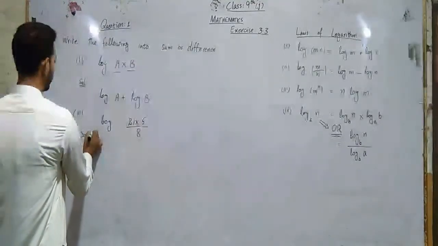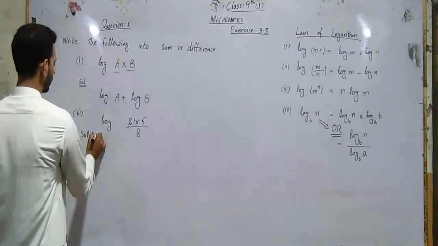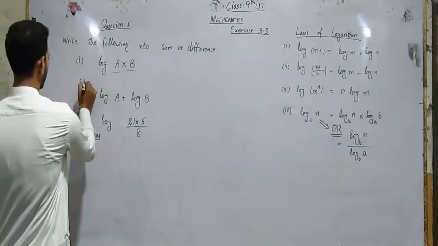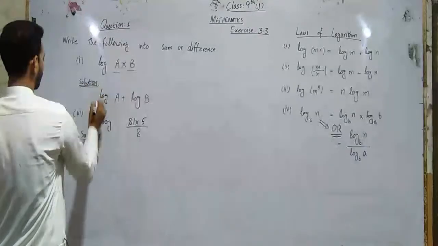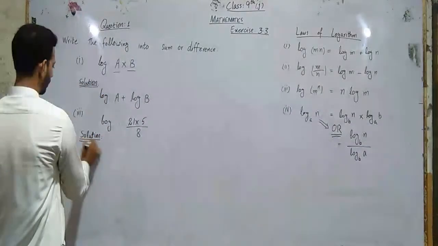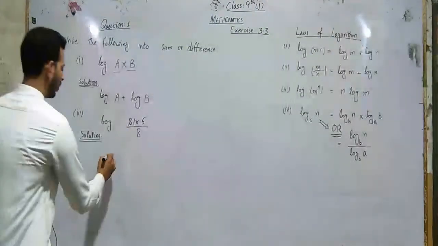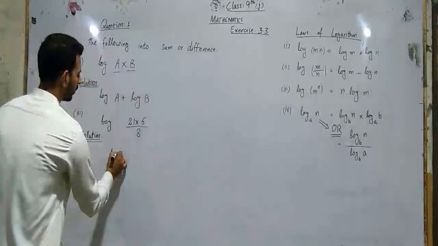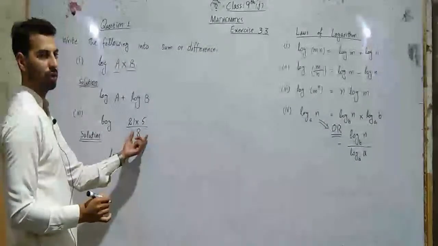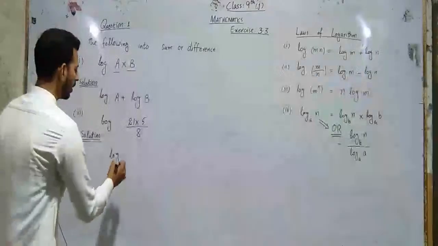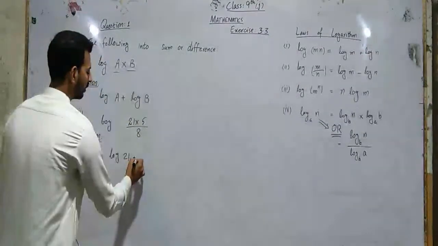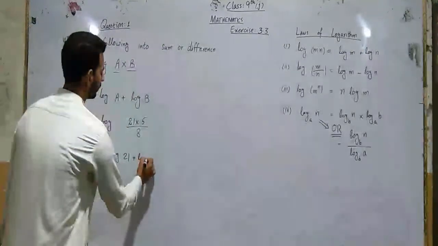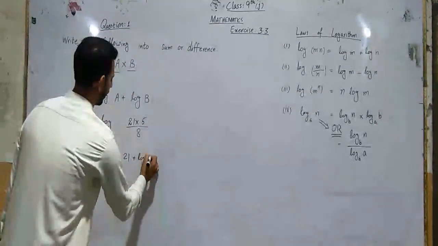So, solution. First we solve the multiplication part: log 21 plus log 5.